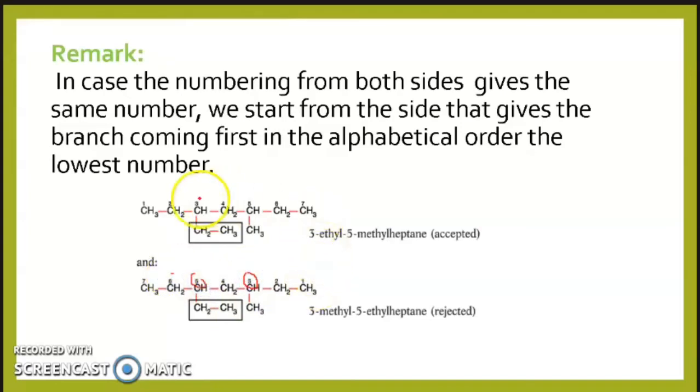If we number from the left or from the right side, but because this numbering from the left side gives the ethyl group the lower number, which is a 3, the first name is the correct one because it gives this ethyl number 3, which is lower than number 5, and the name is 3-ethyl-5-methylheptane.